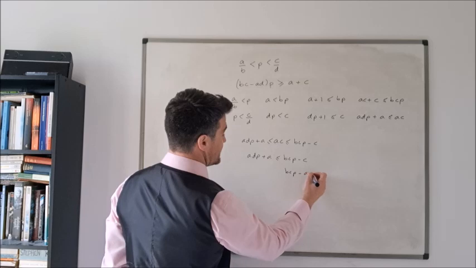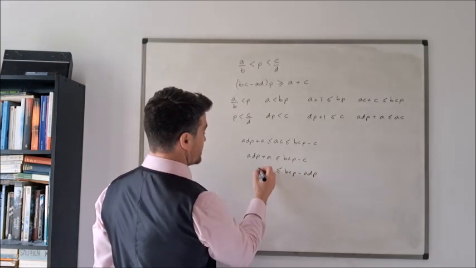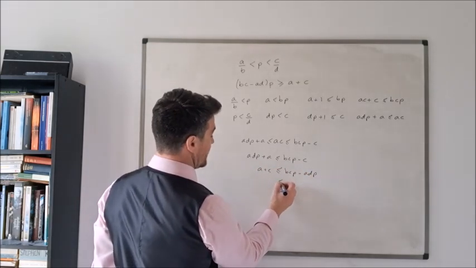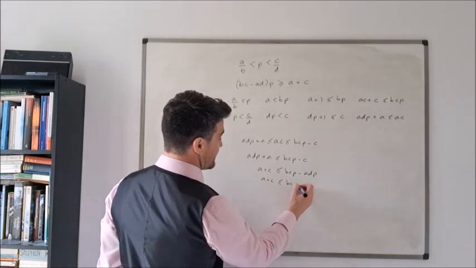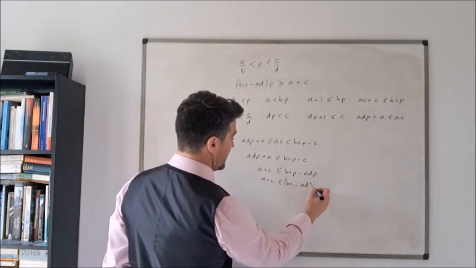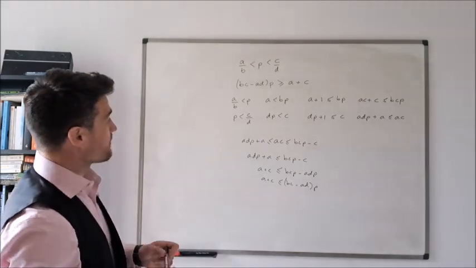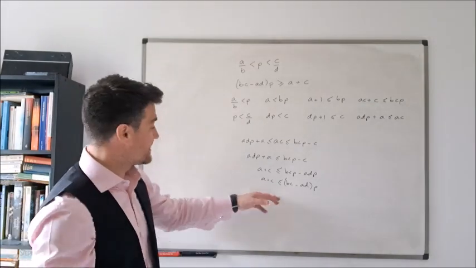BCP minus ADP is greater than or equal to A plus C. So A plus C is less than or equal to BC minus AD times P. Okay, again, it's the right inequality.